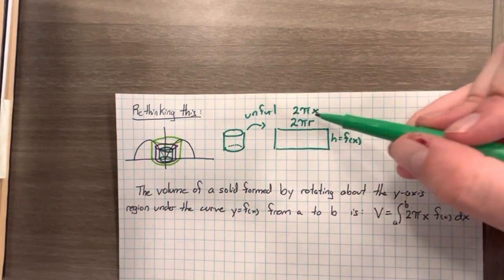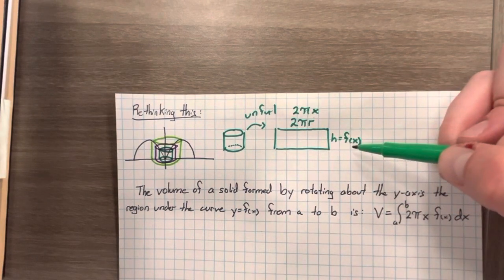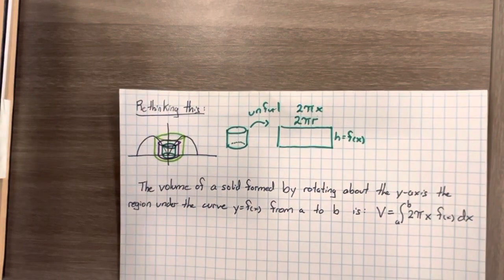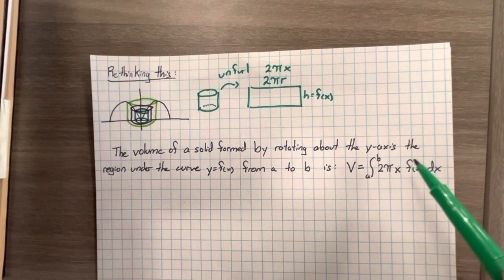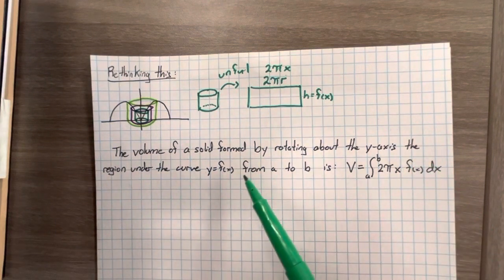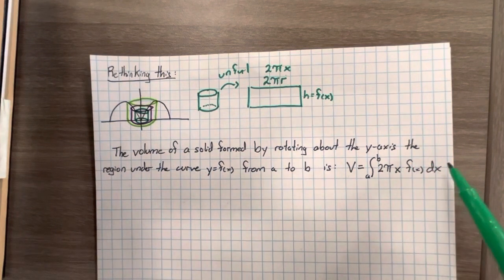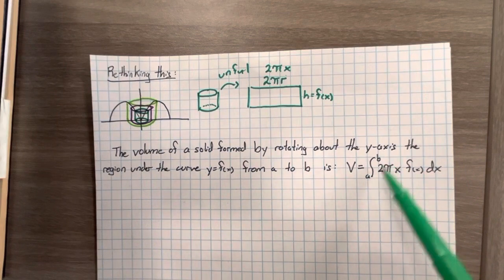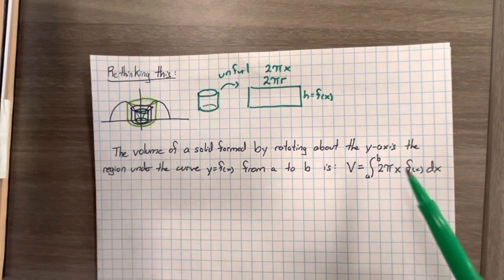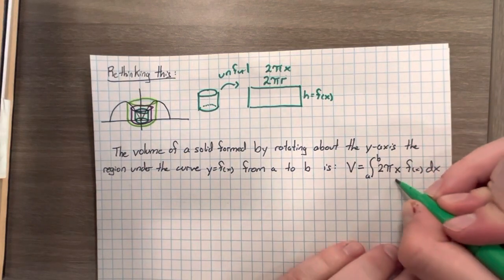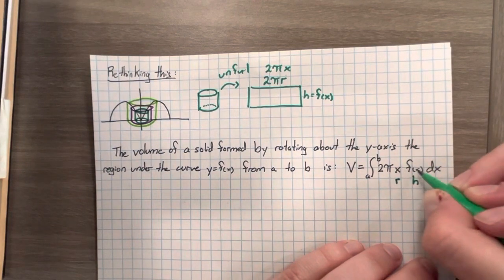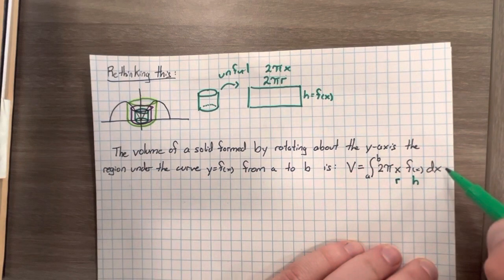So we actually now have a nice formula to get this volume. And that's exactly what we have here. The volume of a solid formed by rotating about the y-axis the region under the curve f of x is this formula. So we're from a to b, 2 pi, times the radius, which here is technically just the x values, and the f of x here is just your height. And we add up an infinite number, and we should get what we're looking for.